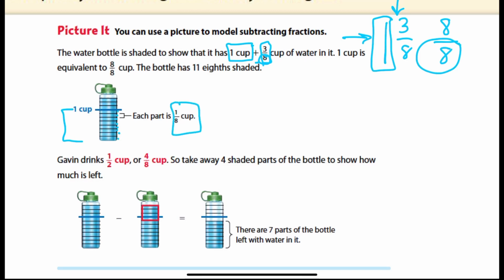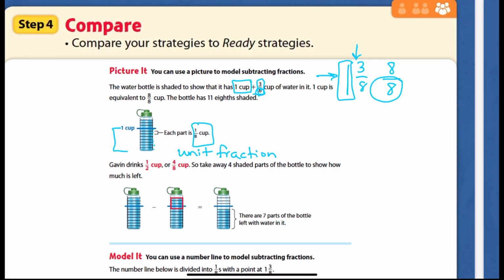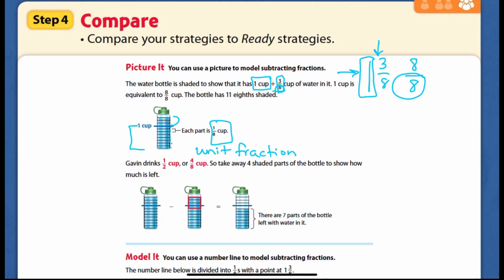That's a unit fraction, a sum of unit fractions, right? Each of those little units makes up a whole. And then we also have the 3/8 on top. So if we have 8/8 down here and then 3/8 up here, all together that's 11/8 inside of our water bottle. So that's why it's saying that the bottle has 11/8 shaded. And look how they represented it here, 11/8, and then look how I represented it here. Same thing.